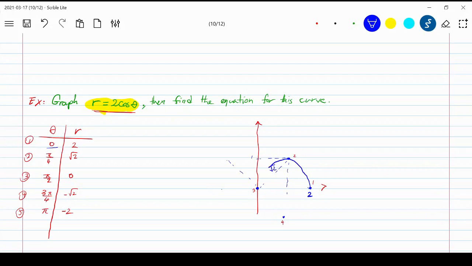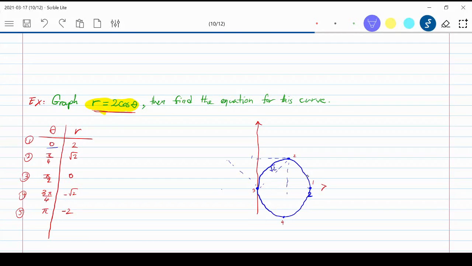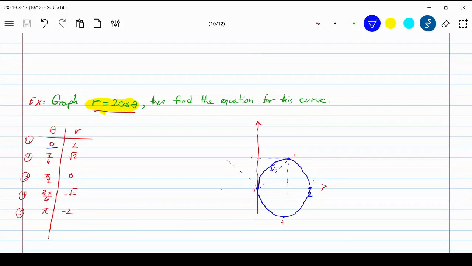That is the height, and here you would have this circle. Just by going up to pi, if you continue, you will stay on this curve and just go around.